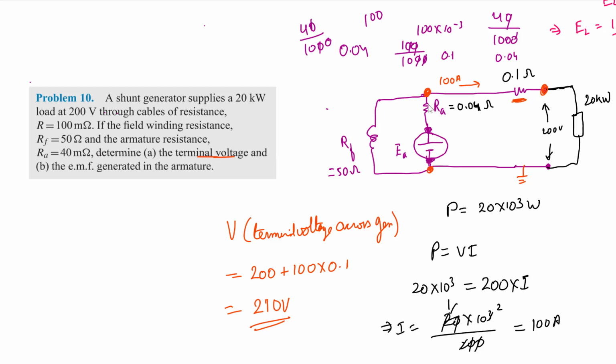Now the voltage across the generator is 210 volt, and the field winding resistance is 50 ohm.